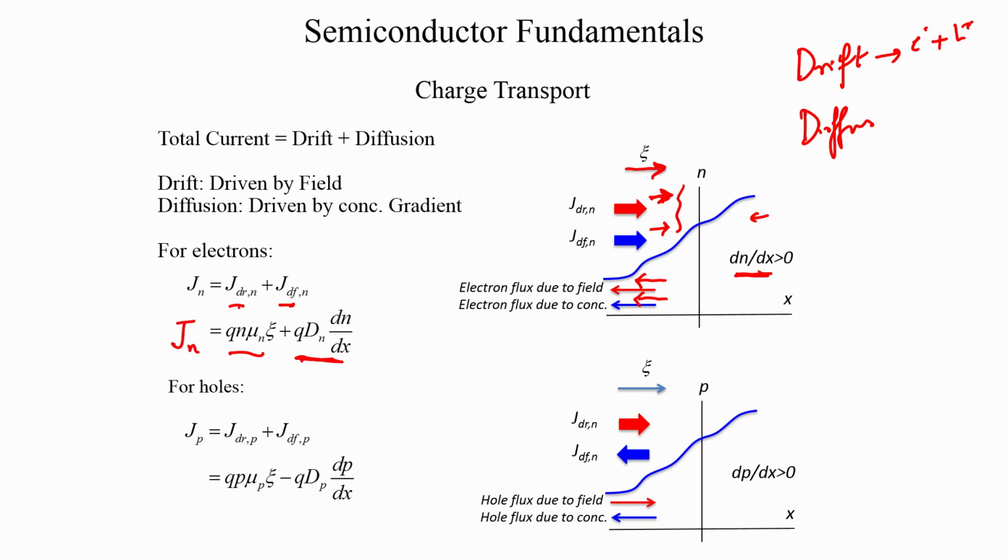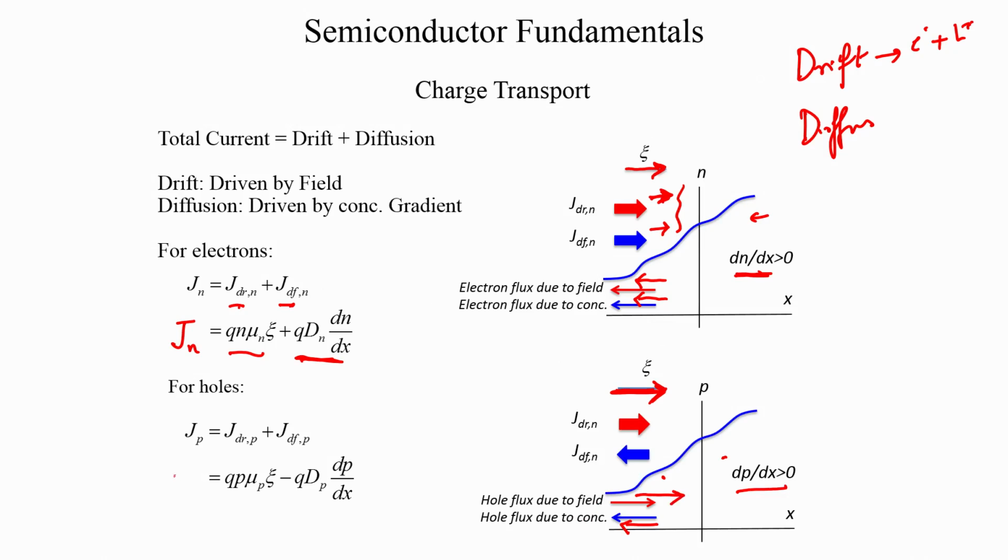But for holes, we have a different situation. You have dp by dx greater than 0, and you have the electric field, which is the driving force for drift, pointing in the same direction. But what happens is that the hole flux due to the concentration gradient is towards the left, because there are more holes here as compared to here, and the hole flux due to the field is going to be along the direction of the field. So, it is going to move from right to left, and therefore, these two are against each other.